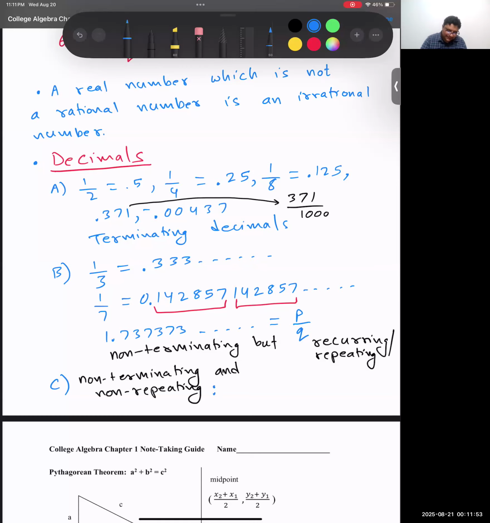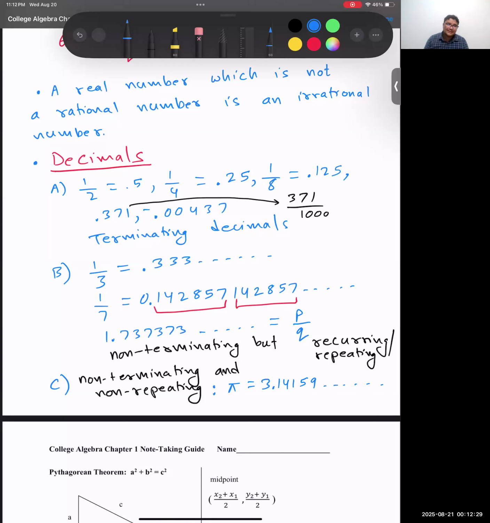Something like pi. It is 3.14159 and so on. Scientists have calculated trillions of digits after that for pi. Nobody has been able to find any pattern that repeats. It always changes. The digits will be between 0 and 9, of course, but they will keep changing their pattern.